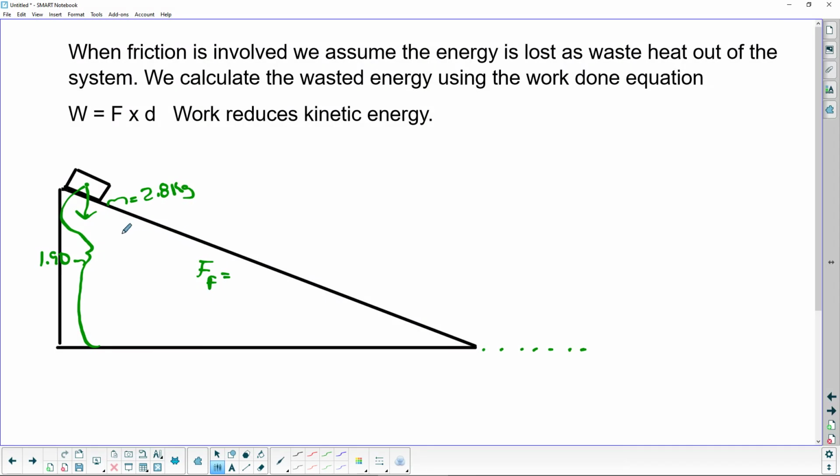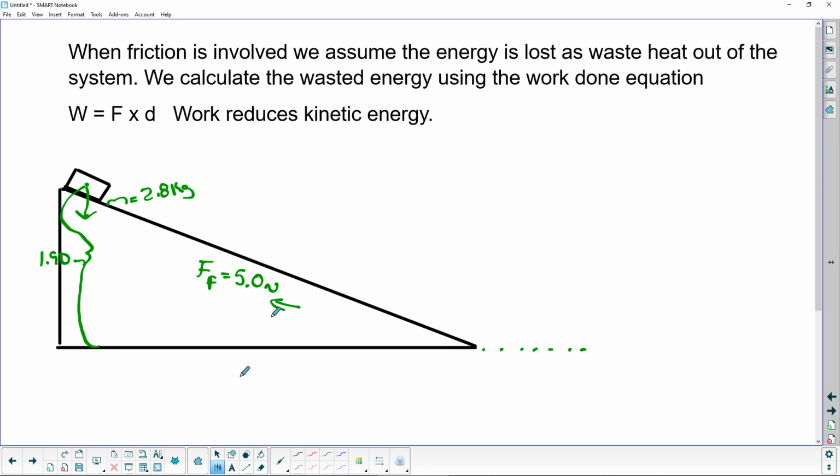Let's say 2.8 times 0.25 times 9.8. Let's say that it's about 6 newtons. Well, let's go 5 newtons, 5.0 newtons against the motion. That'll be a little bit easier for us to do.